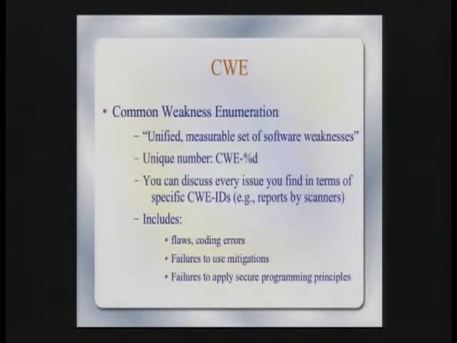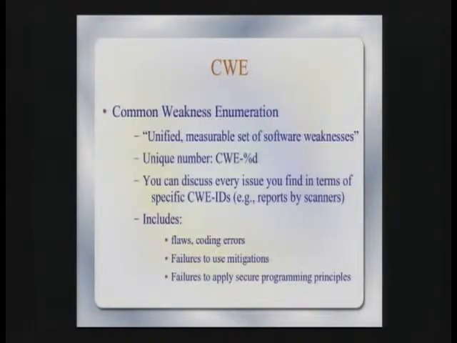So the goal is that you can discuss every issue you find in terms of a specific CWE ID. For example, if you run a code scanner, the code scanner can report what it finds with CWE IDs, and then that gives you a reference if you want to find out more about what this type of weakness is and how to mitigate it. You can go look up additional resources.